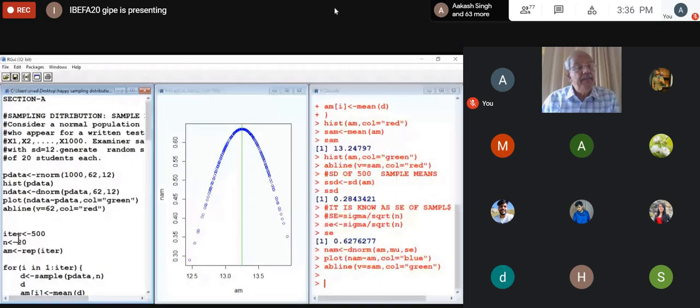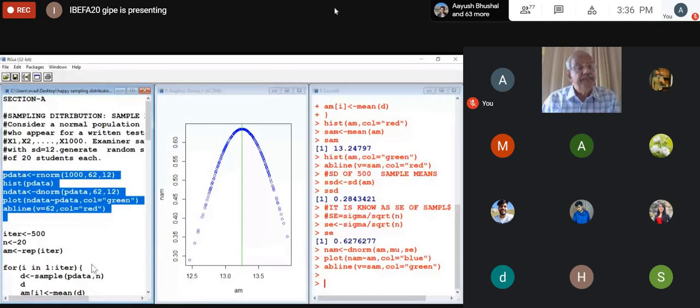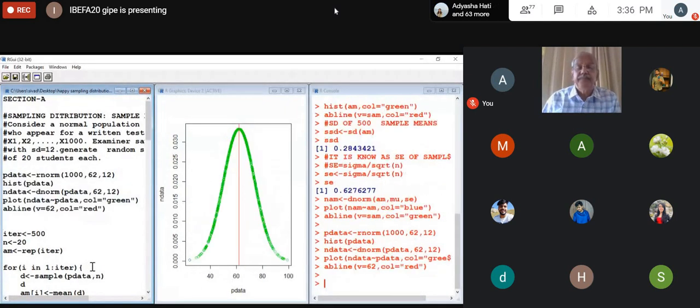Original data mean 62, standard deviation 12. In the example, weight will be the variable; here it is the marks. Here the average 62, there average 70. Here 12, there 15.